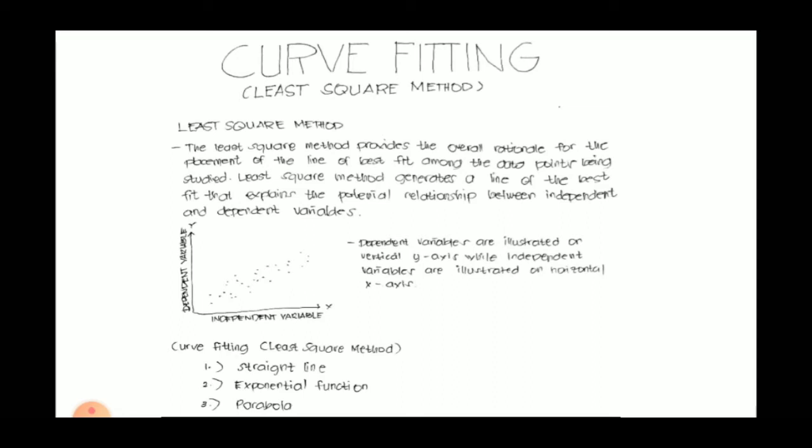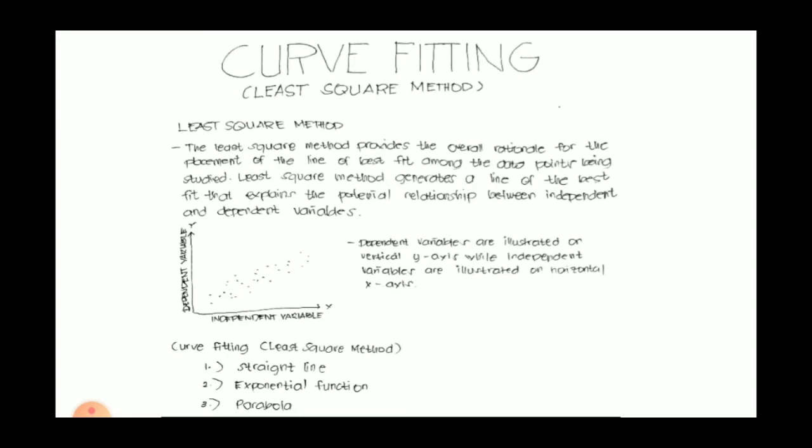And what is least square method used for? The least square method is a statistical procedure to find the best fit for a set of data points by minimizing the sum of the offsets or residuals of the points from the plotted curve.